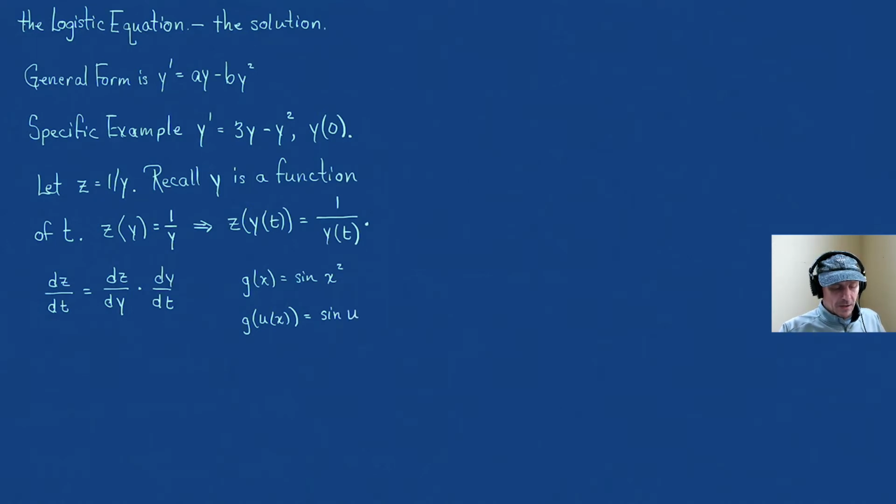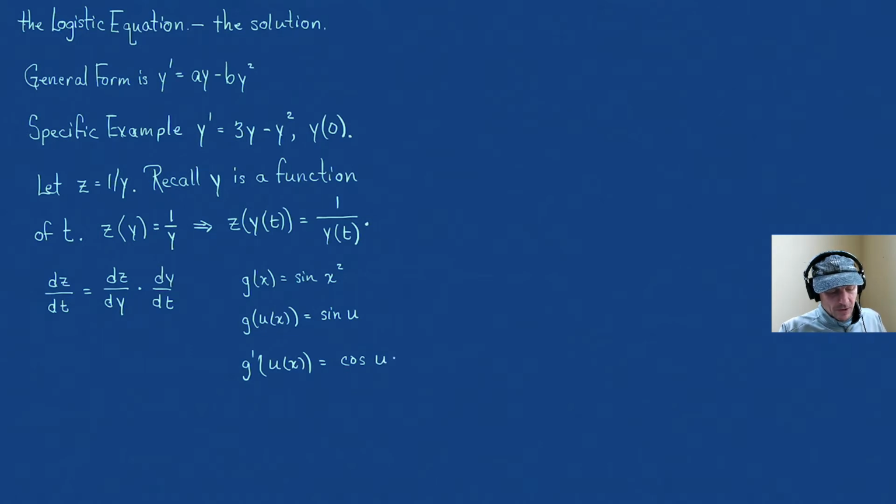To take g prime, we first take the derivative of the sine, which is the cosine of u, and then we take the derivative of u.